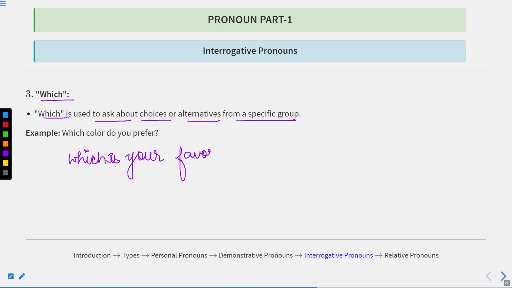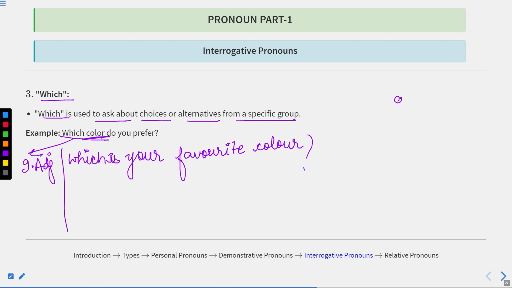So this will be the sentence, which is your favorite color. Okay, so this will make the question. However, if you see which color, this will be an interrogative adjective. Why so? Because just after this we have used a noun.